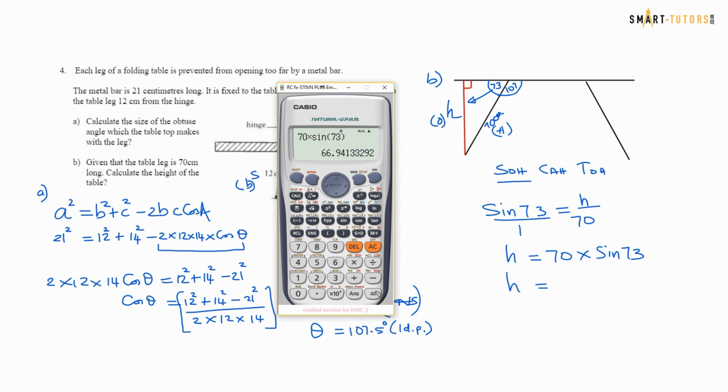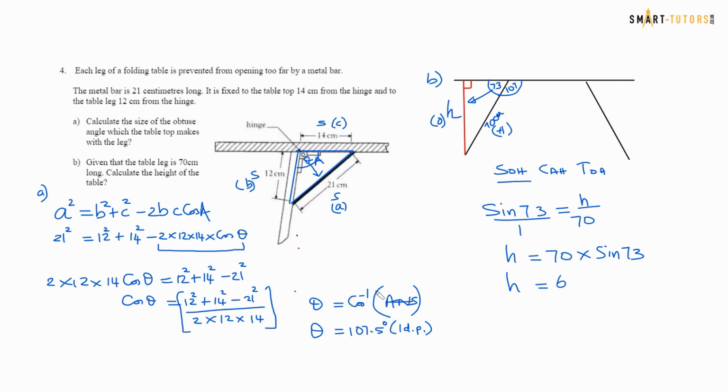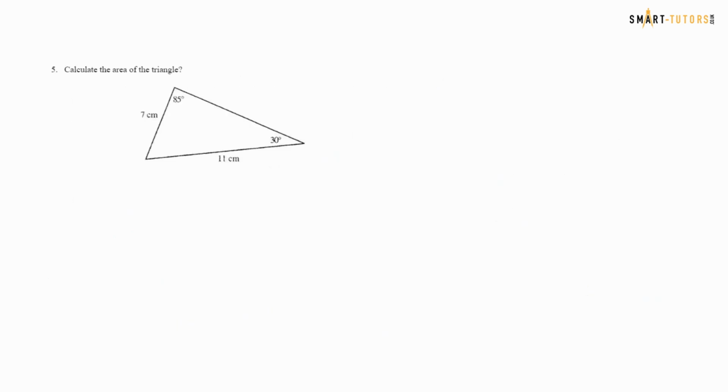So I'm going to put 66.9 centimeters to 1 decimal place. Right, that is the answer for the B part. Let's move on to question number 5.